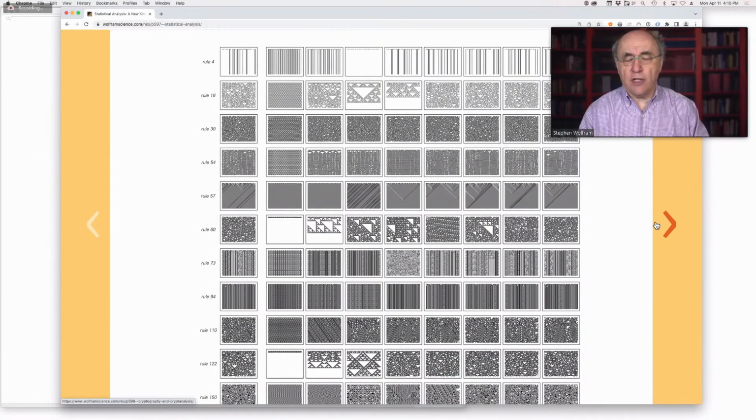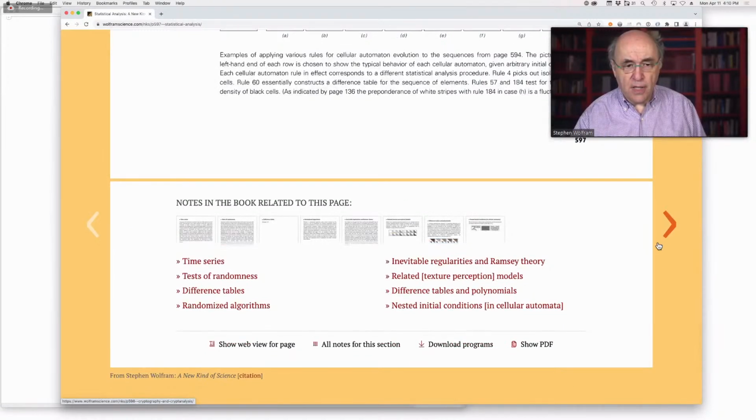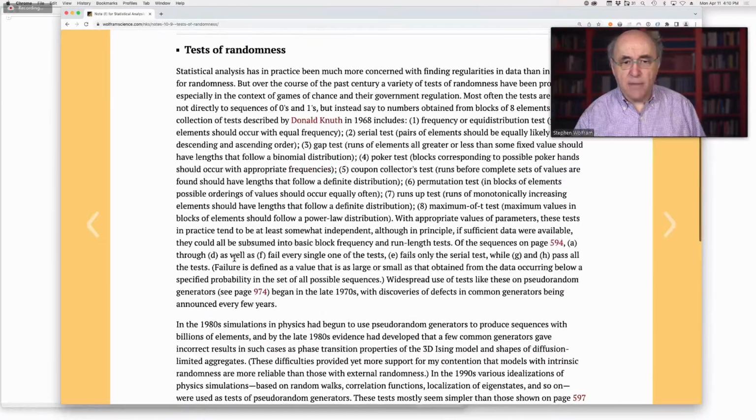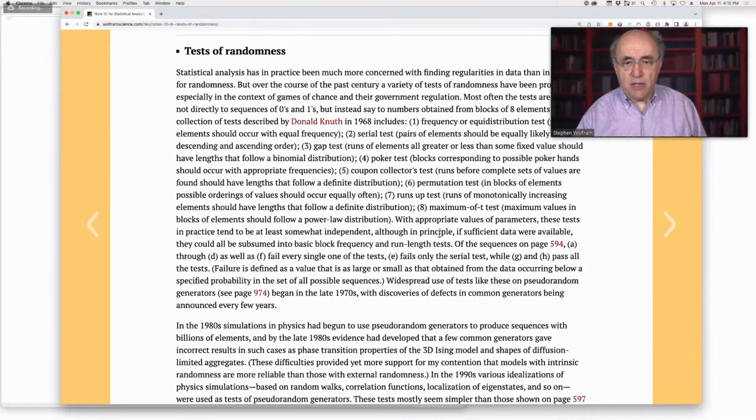So you can go on and make a whole battery of statistical tests. There are some standard ones that are used for random number generators. I talk about them in the NKS notes, in the note about tests of randomness. There's a standard sequence of these, for example permutation tests on blocks of elements: possible orderings of values should occur equally often. That's just one example of a statistical test.